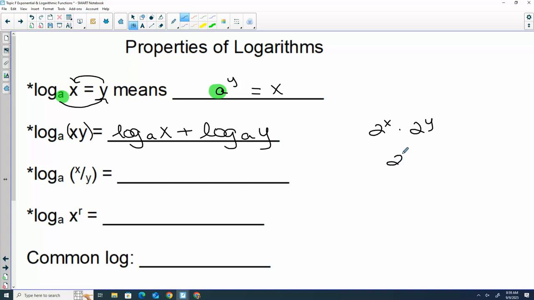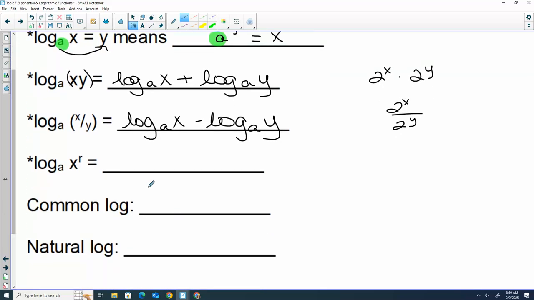If you were dividing, what do you do with your exponents? Subtract them. So this would turn into log base A of x minus log base A of y. What happens if we have an exponent? Remember? Yes. Turns into a coefficient.